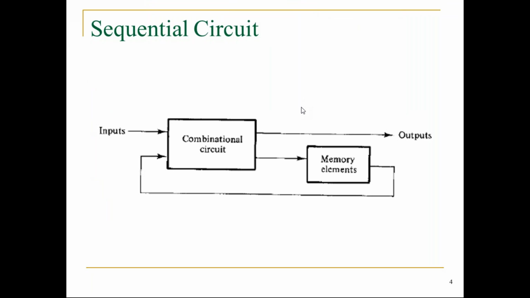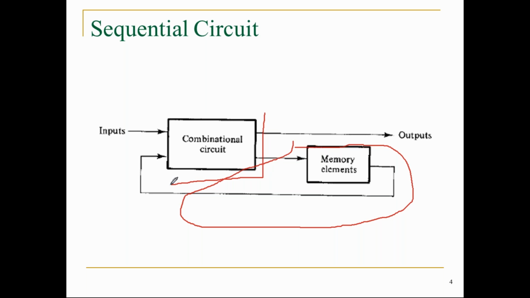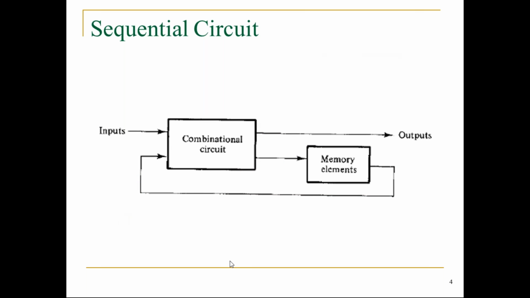So see the block diagram representation of a sequential circuit, which is similar to the combinational circuit, provided you forget this particular part. If you forget this part, till here it is a combinational circuit. You are familiar with it: it has inputs and outputs. But now the circuit has feedback along with the memory elements.